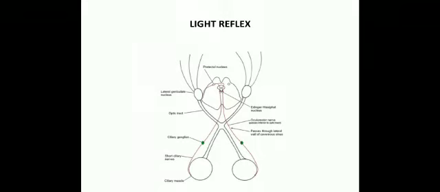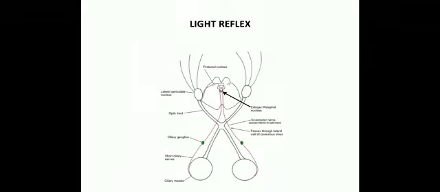Then the light reflex. The constriction of the pupils in response to light involves four sets of neurons. The afferent pathway starts in the ganglion cell layer of the retina, which gives rise to the optic nerves. Then the fibers leaving the optic chiasma enter both optic tracts and terminate in the pretectal nuclei.